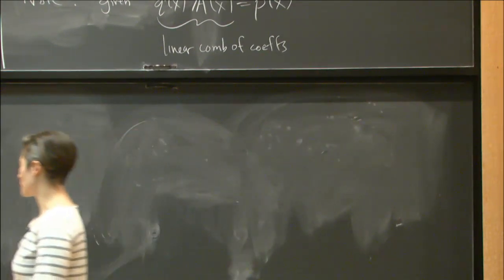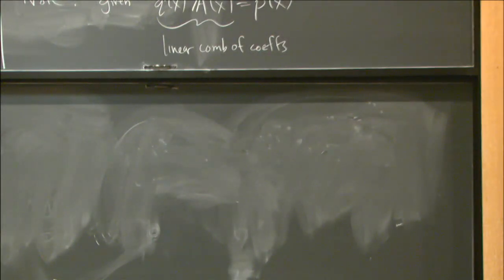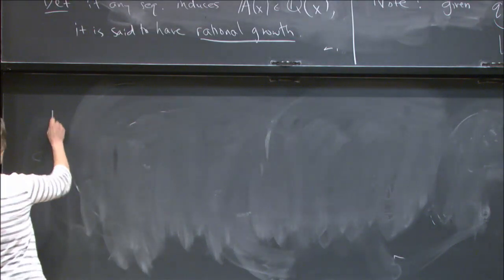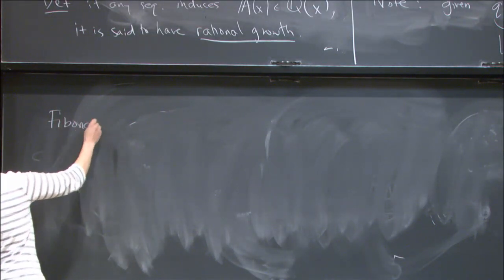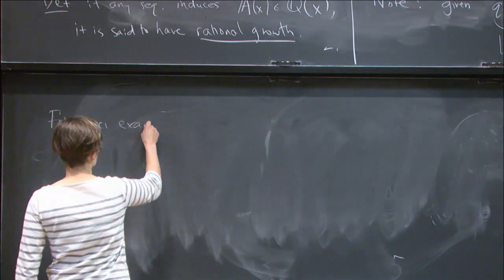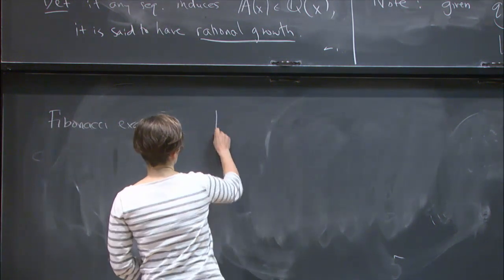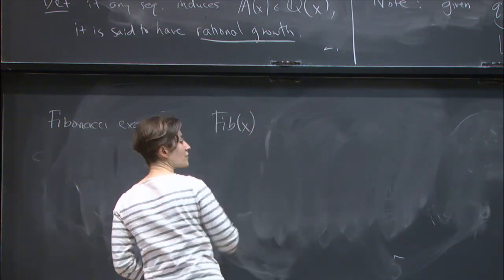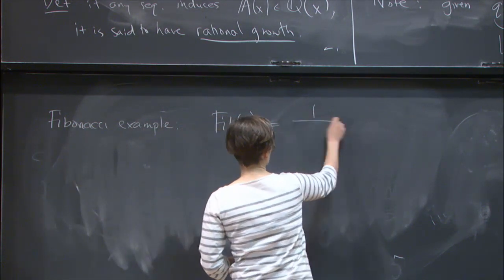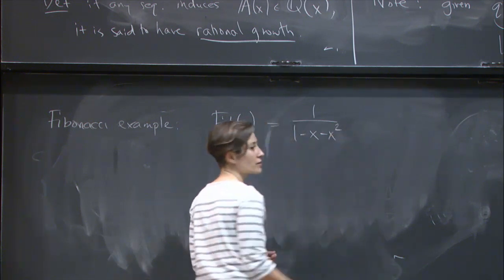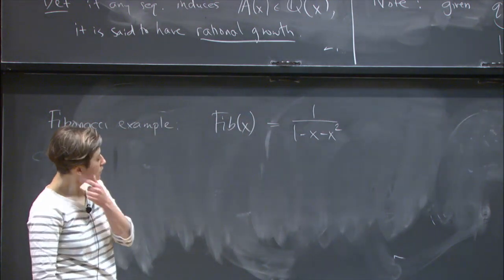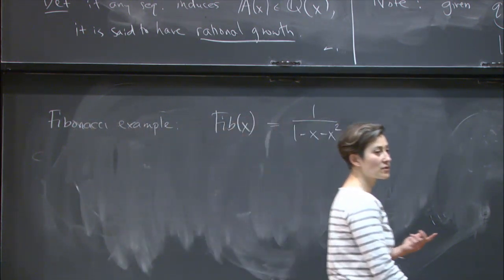So this may be well known to some of you, but it's really worth pointing out. What we saw last time was, for the Fibonacci example itself, that we had, let me write this as Fib(x), equals 1 over 1 minus x minus x squared. Well, you can do something pretty nice with this.